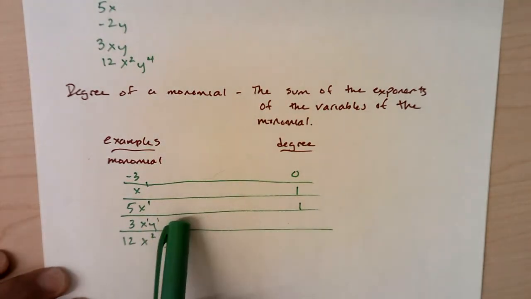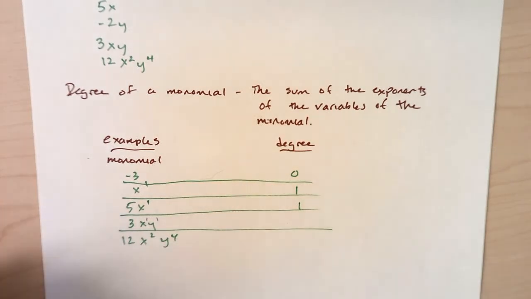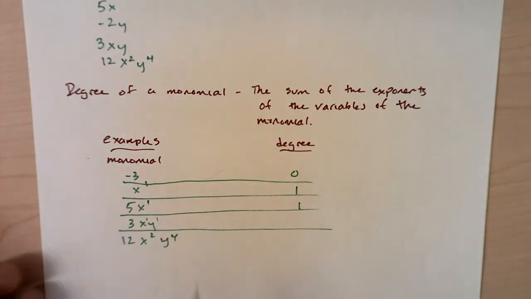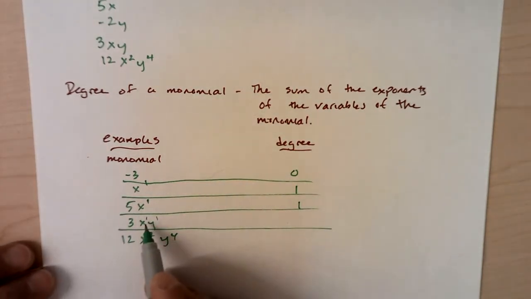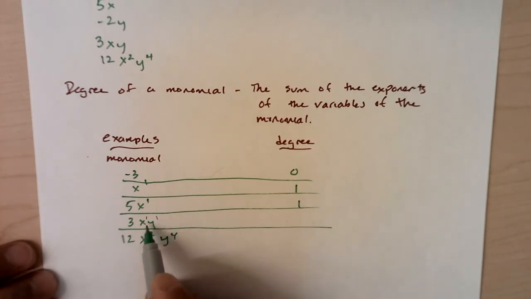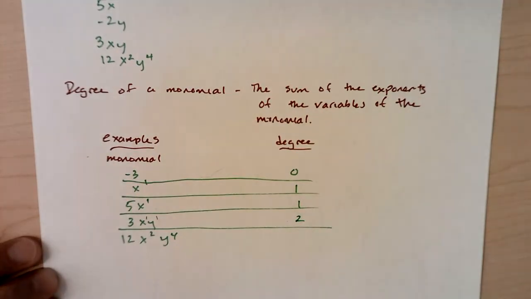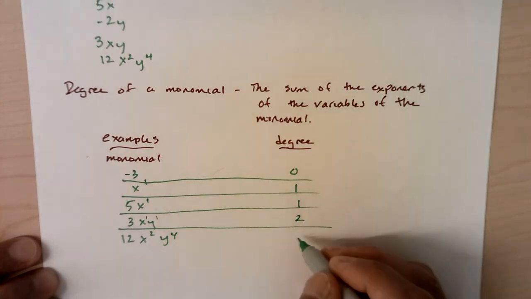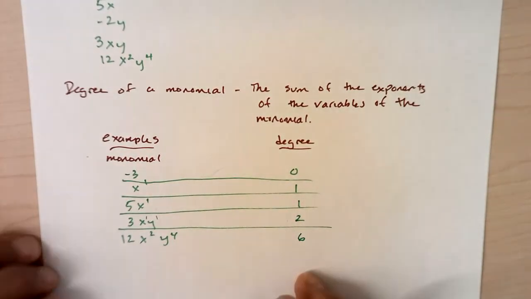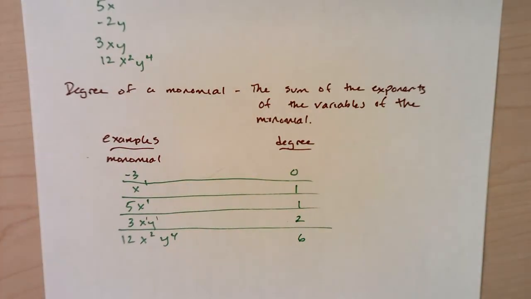I add those, the sum of the exponents of each of the variables here. So 1 plus 1, the degree here is 2. And then for the last monomial, 12x squared y to the fourth, here are my two variables, x and y. In order to come up with the degree, add the exponents here. 2 plus 4, the degree is 6 for that monomial.